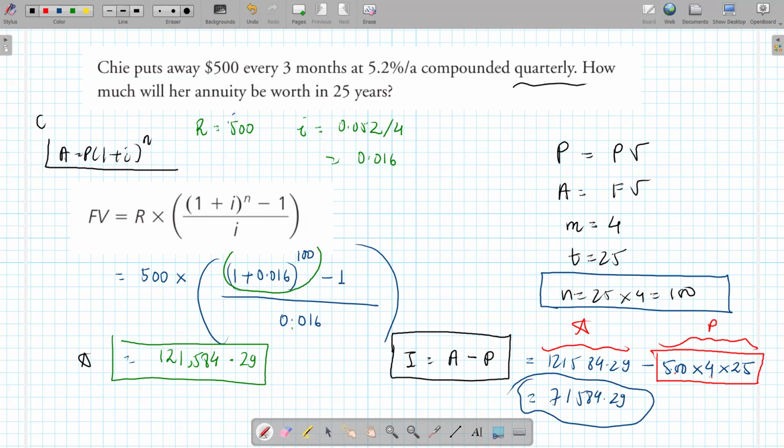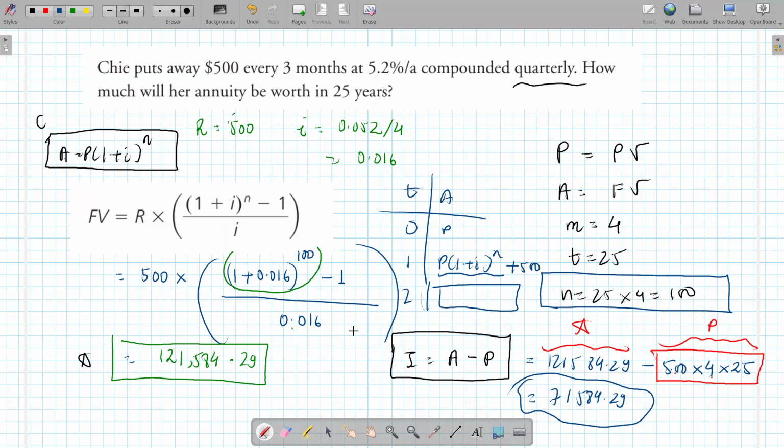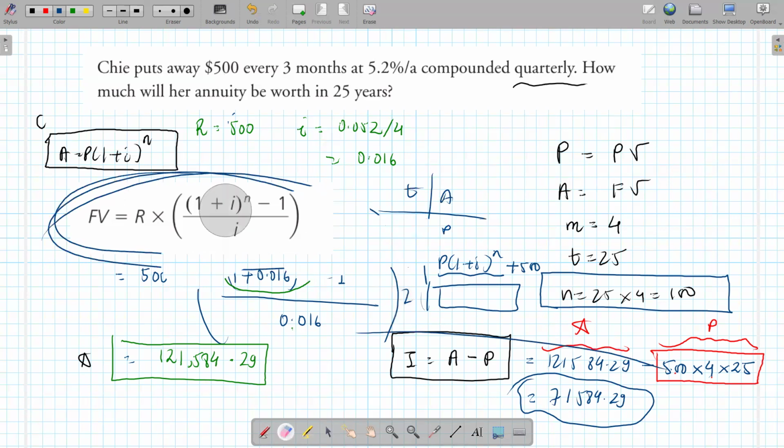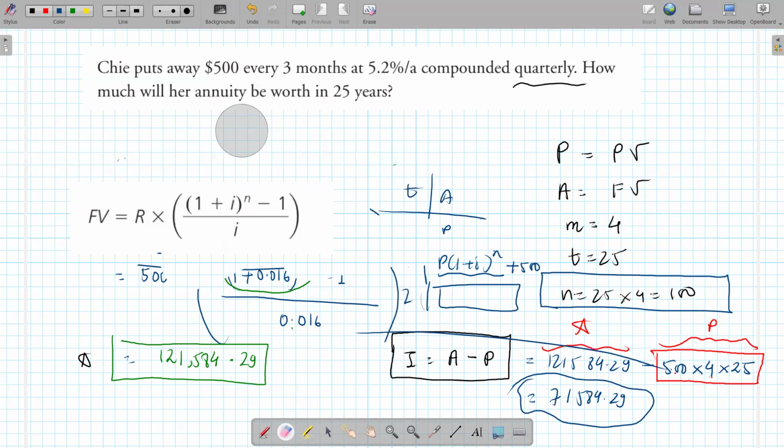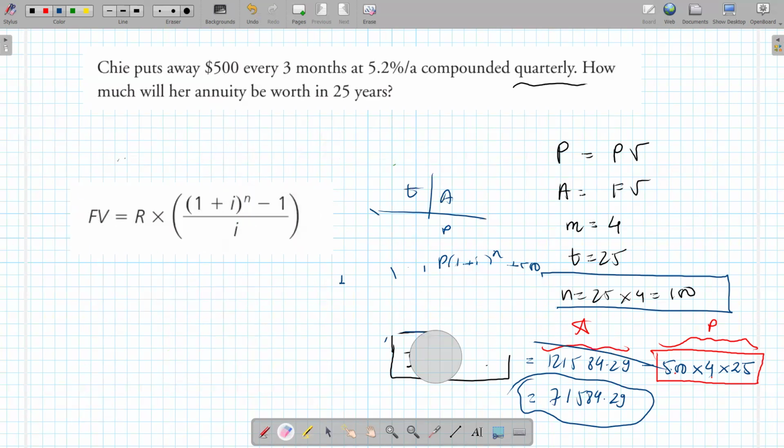If you make a table, at T0 your amount is P, at T1 it's going to be P(1 plus i) to the power of n. At time 2, this is going to be your principal, and then on that you're going to be adding 500, and on that you're going to be adding the interest. If you make a table and add everything up, this is what you end up getting. So that's going to be the bread and butter for the next couple of sessions, annuities.